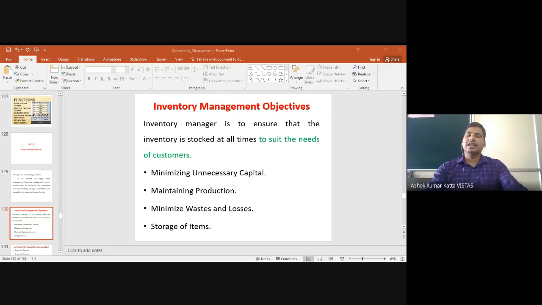Instead, I can buy 800 tons. The rest, 200 tons worth of money, I can use for some other purposes. So you save unnecessary investment of your money on inventory, and you are diversifying into other purposes.